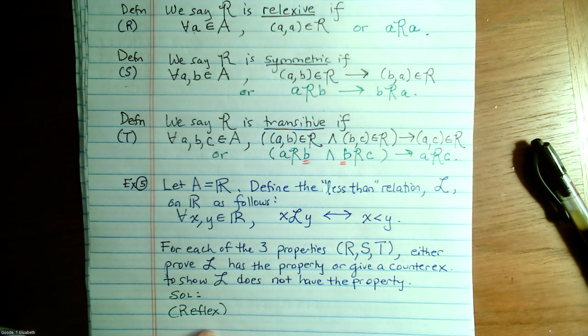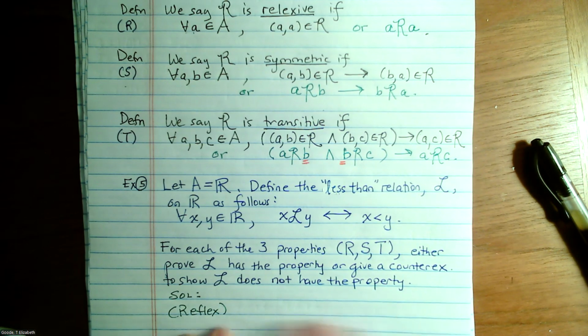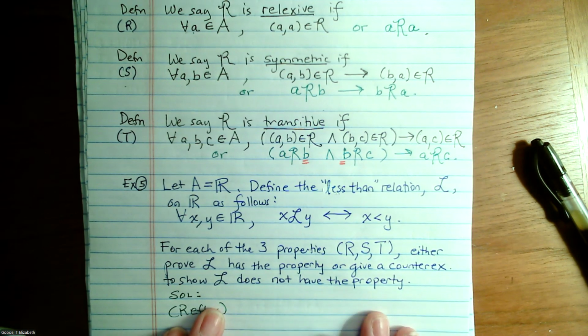Is x less than x? No. Not at all. In fact, it fails universally. We don't have to have a universal fail for a universal statement to be false, but here we actually have a universal fail. So all we got to do is pick our favorite real number, and we'll be able to say, hey, that real number is not less than itself.